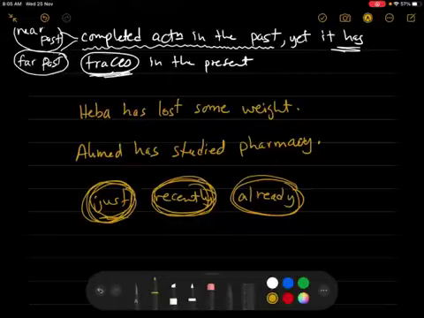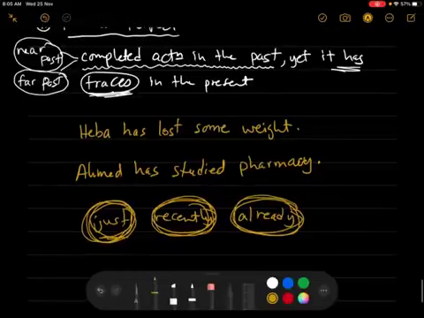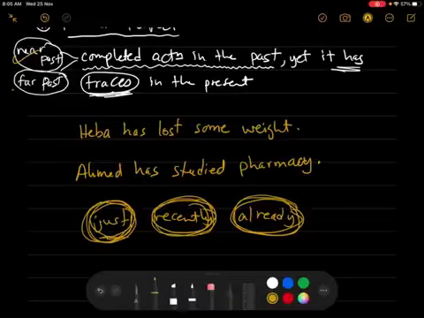Is it in the near past or in the far past? When they use just, already, or recently, they indicate that this action was completed in the near past rather than in the far past.